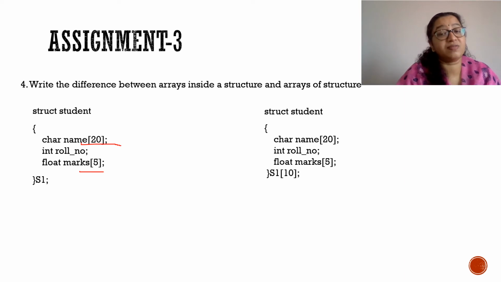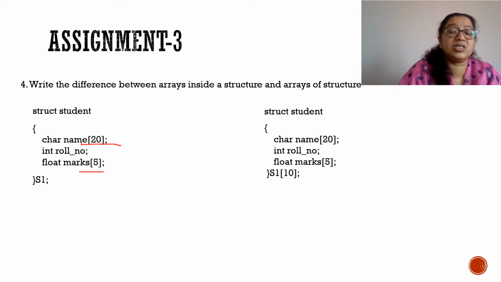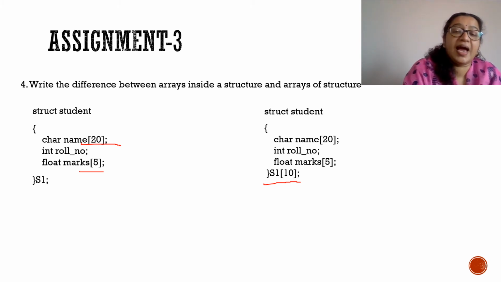And arrays of structure means the structure itself we make into an array. That means the structure variable is an array now. It's not a single variable. In this example, struct student has name, roll number, marks of 5 subjects, and S1 is the array we declared for that student structure.